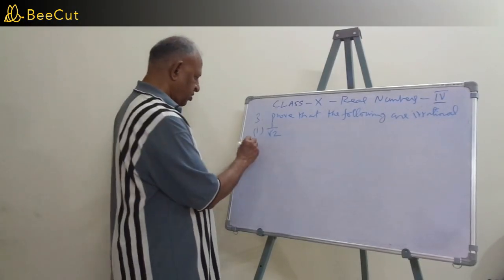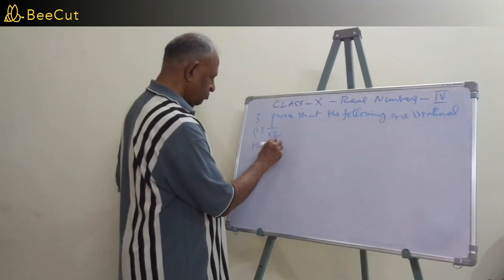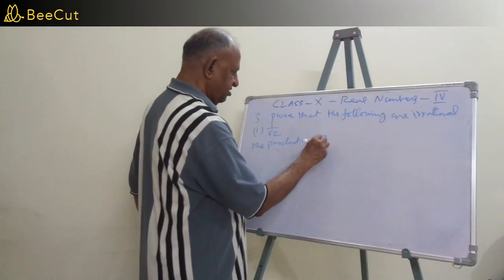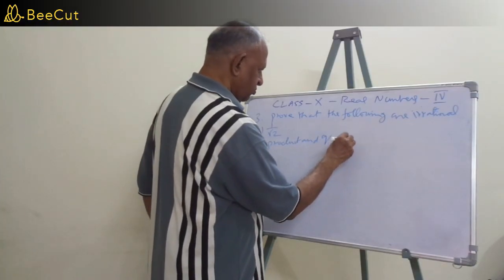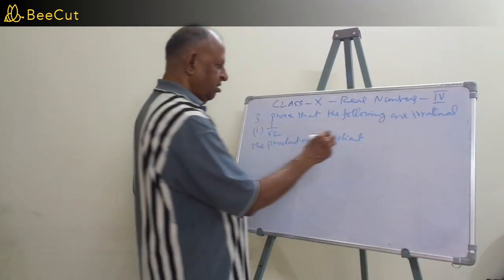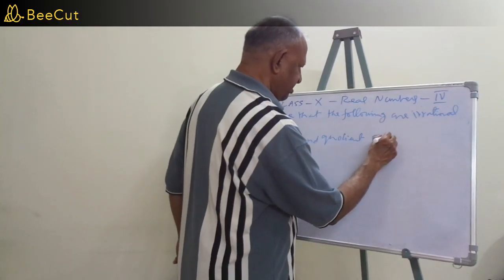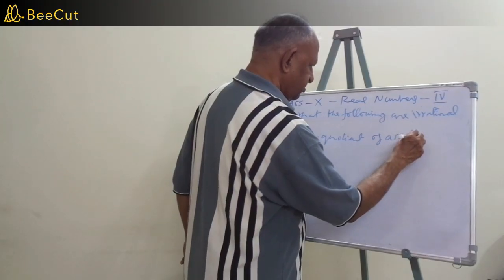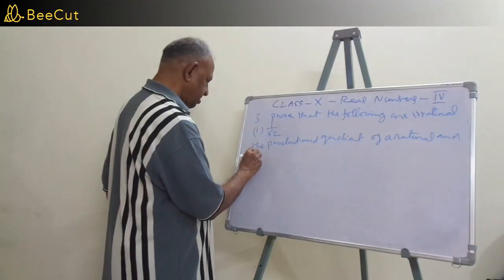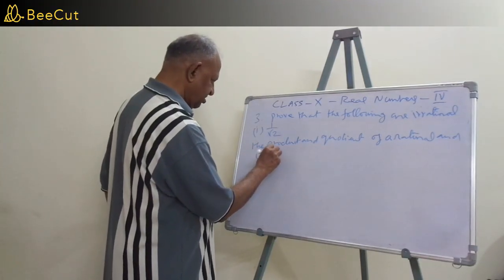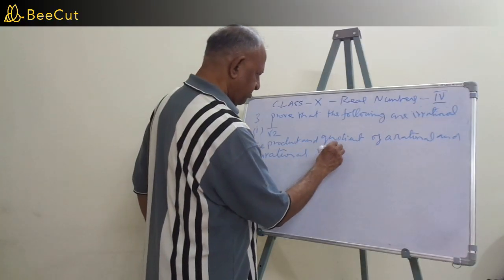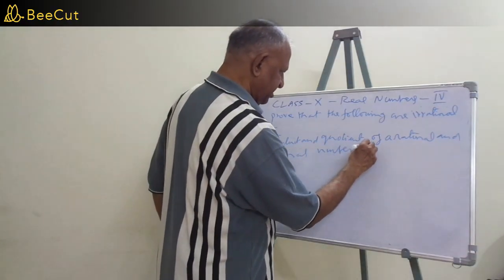First, remember the product and quotient of a rational and irrational number is irrational.